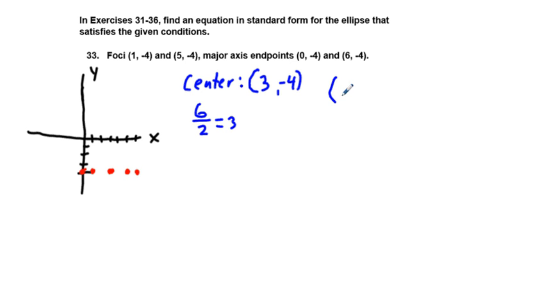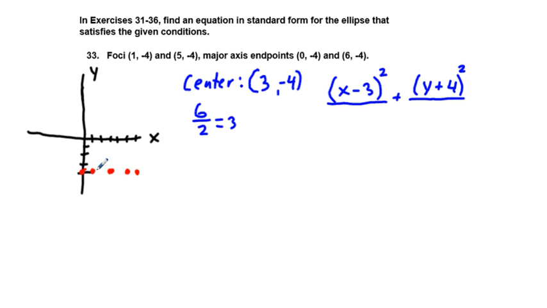So we can start writing our formula. We're going to have x minus h, and remember, we're shifting to the right, so that's going to be minus 3, squared. And we're going to have plus y, and we shifted down, so we're going to have y plus 4, which is y minus negative 4, squared.